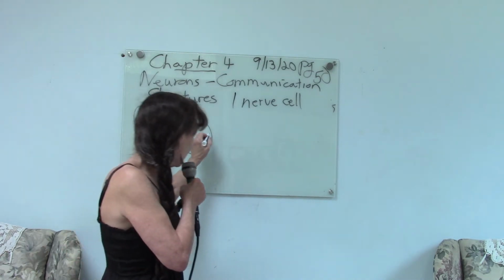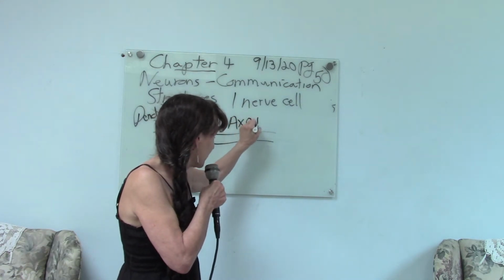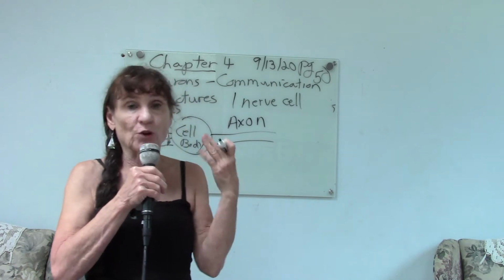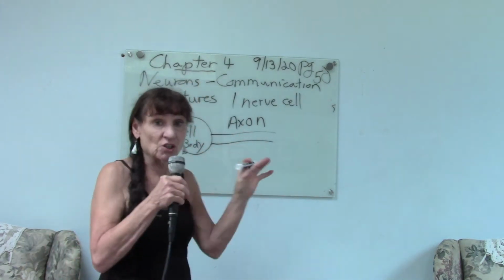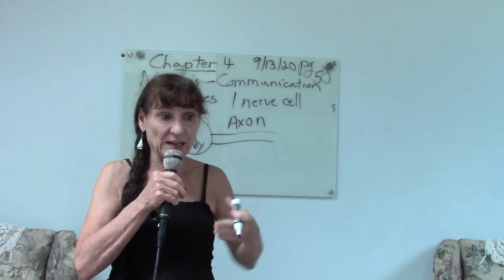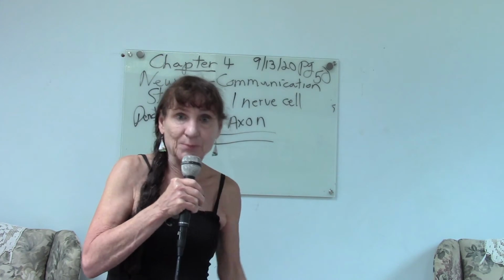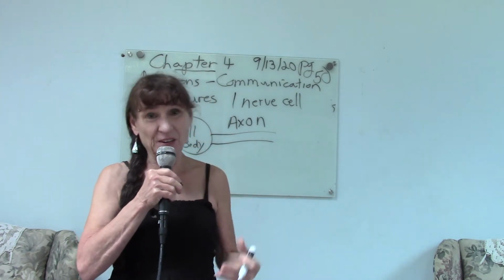Then you have the axon, and this is what can be different in different neurons. For example, in your brain, the axon tends to be short and the impulse quick. If it's a motor neuron, for example in your leg, those axons can be very long.